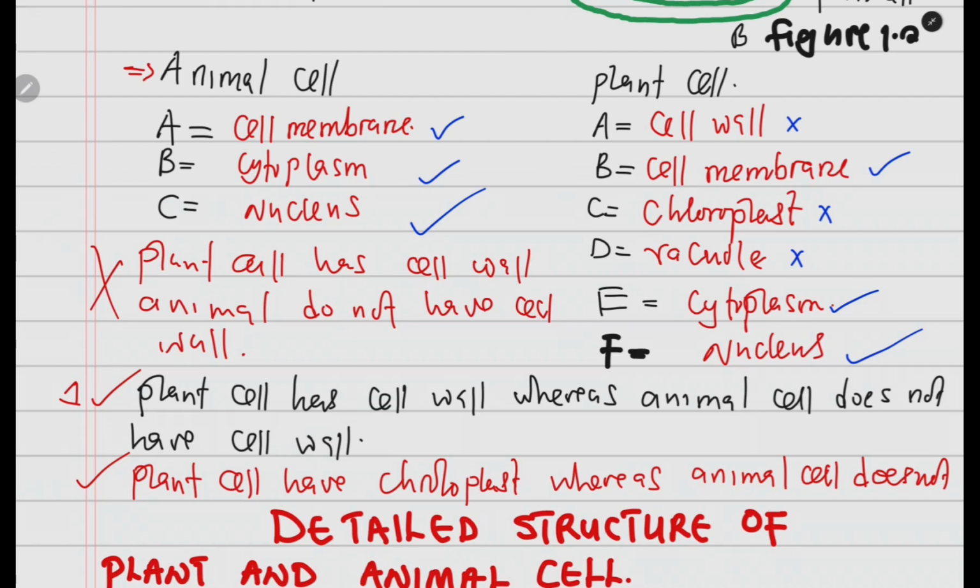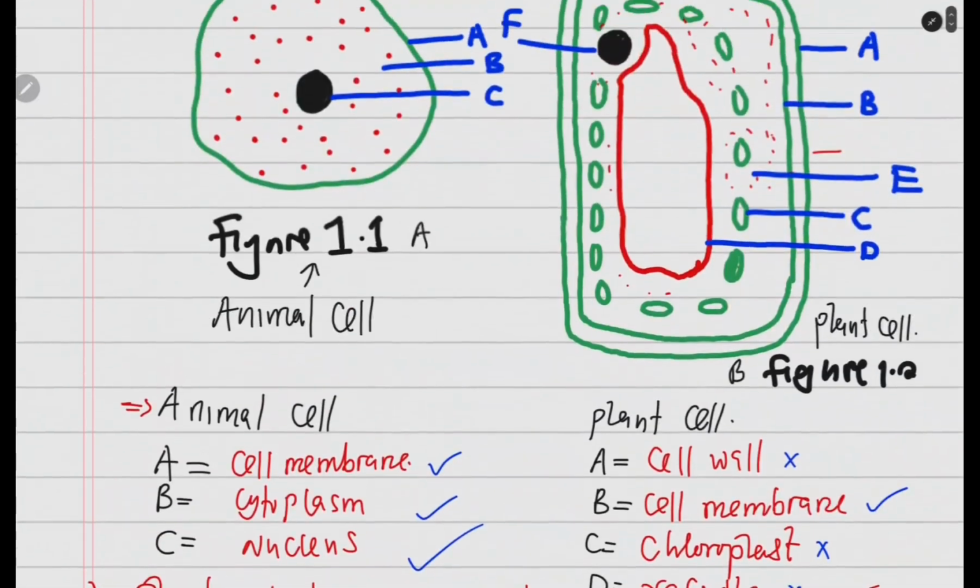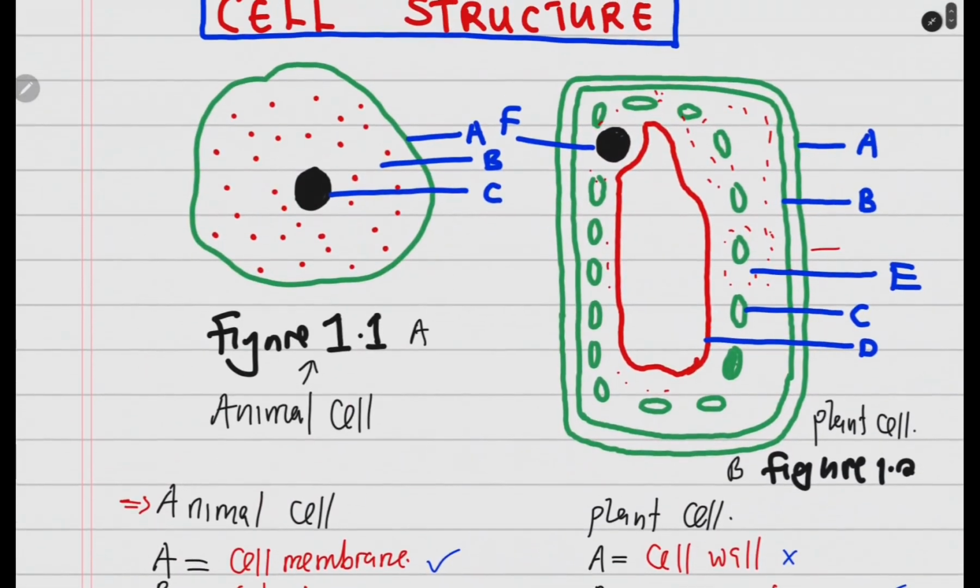So that is what I wanted to clarify here. You should also be able to point out other differences, such as in terms of the vacuole, and also you can look at in terms of the shape. As you can see, the animal cell, the shape is irregular, but the plant cell, the shape is regular. So you can talk also in terms of the shape.